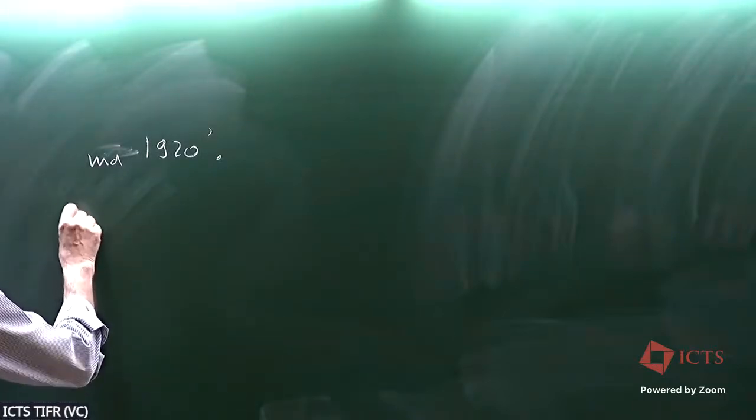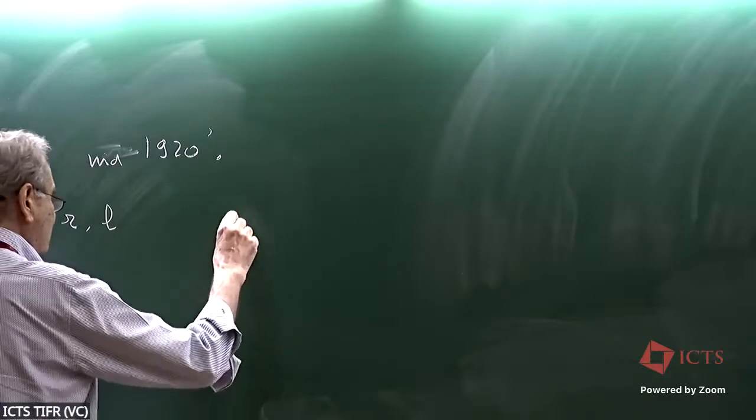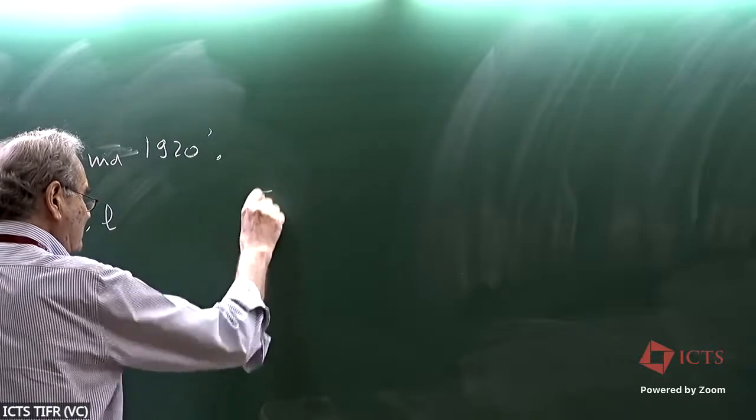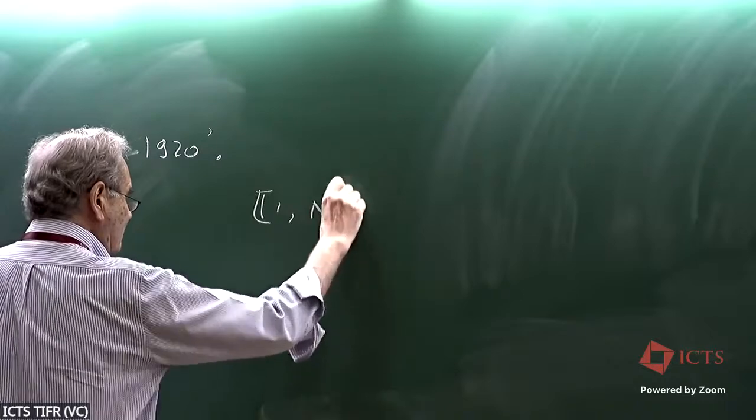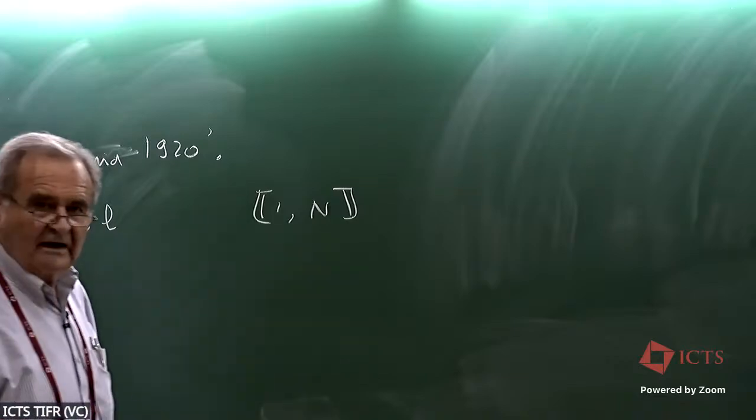You take R and L, and you take the integers between 1 and n. You make a disjoint union of R sets of integers.